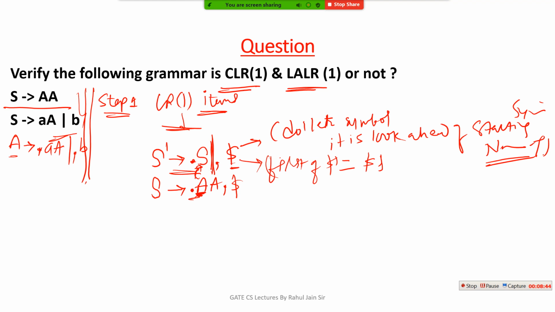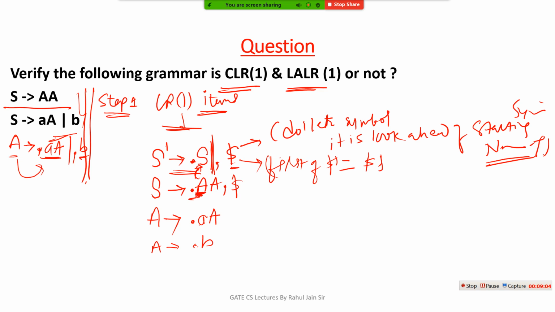Now the next step is the transition of A. What are the transitions of A? A derives dot A and A also derives dot B, because we have two transitions from this grammar.